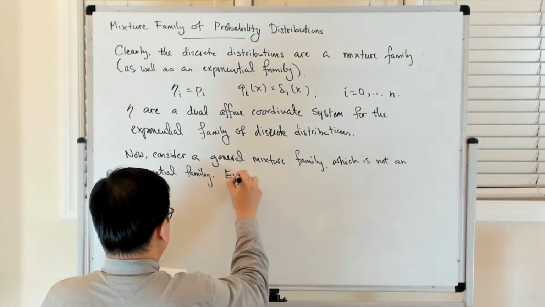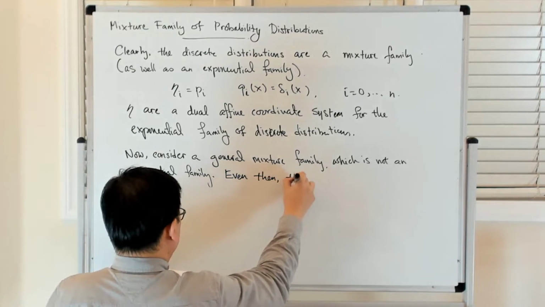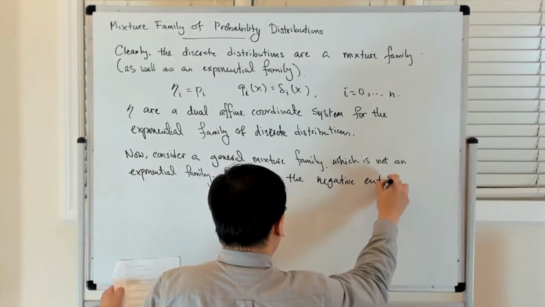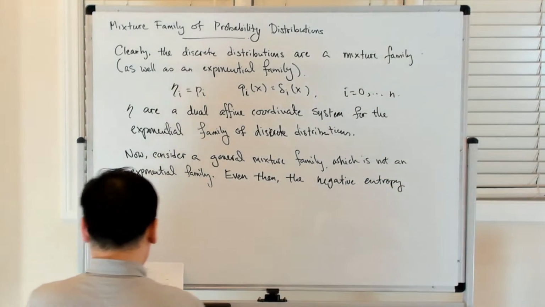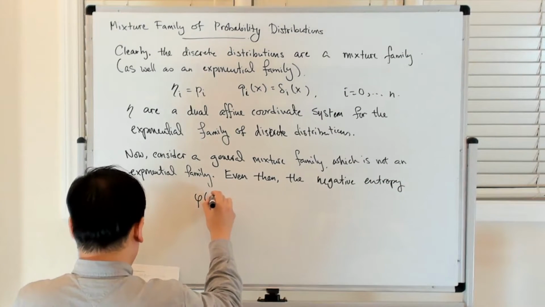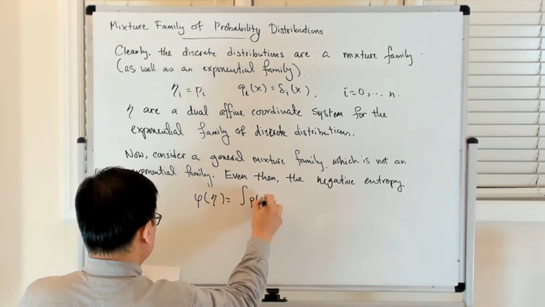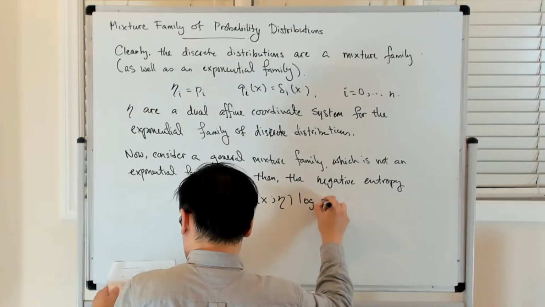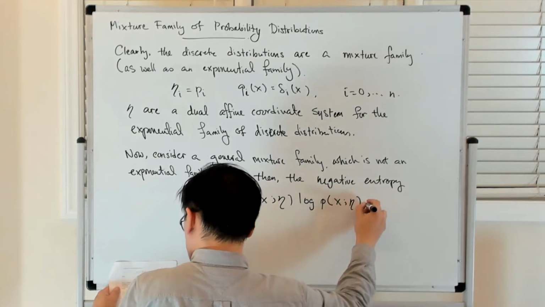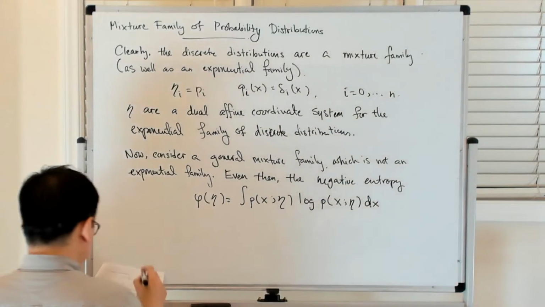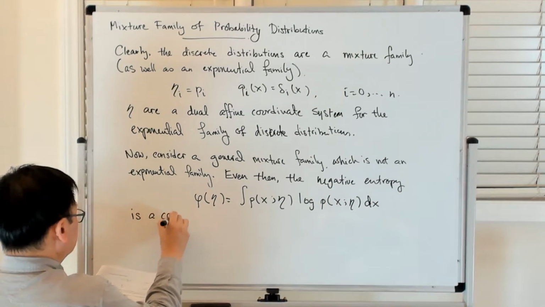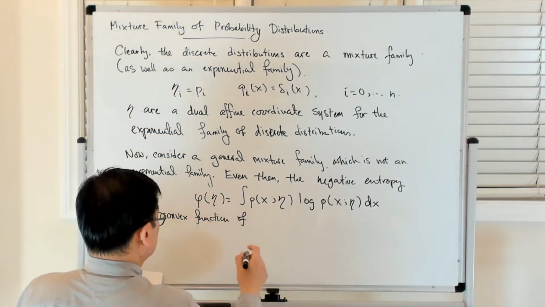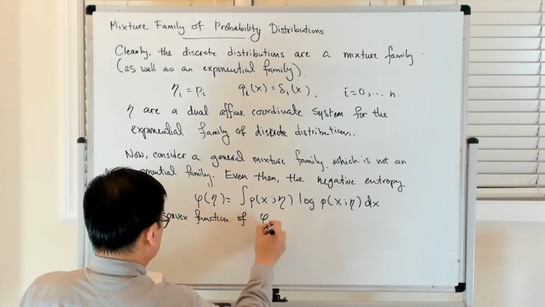So even in this case, the negative entropy, psi of eta, which is the integral of p(x; eta) log p(x; eta) dx, is a convex function of eta.